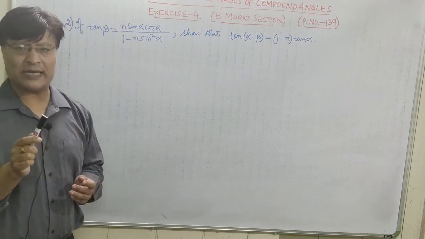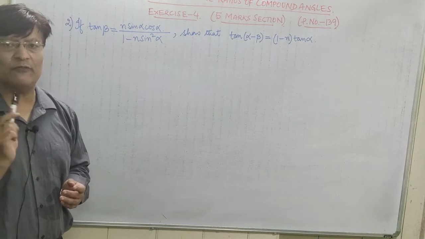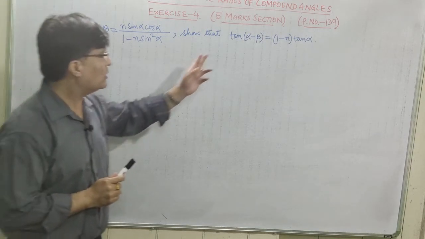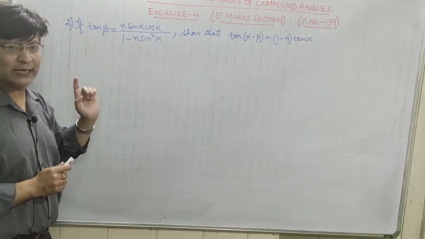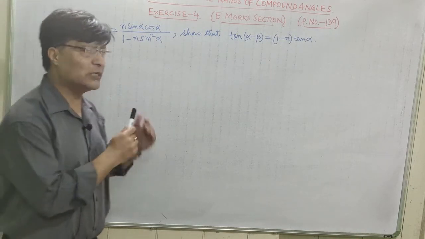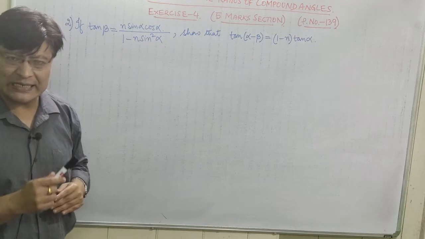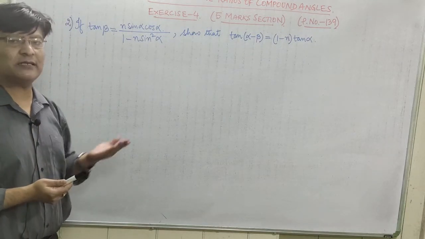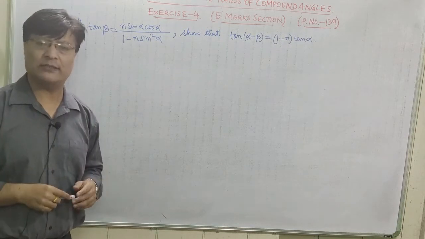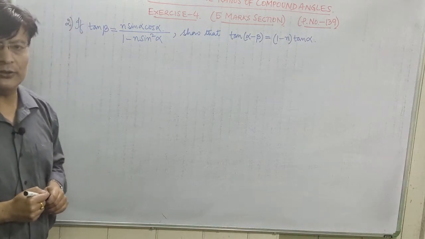Tan alpha minus tan beta divided by 1 plus tan alpha tan beta. Now instead of tan beta, you can write down the given value for tan beta. And what will you do with this tan alpha? Instead of tan alpha, you write sin alpha by cos alpha. Then you have to simplify it. You will get the required result, that is LHS is equal to RHS.